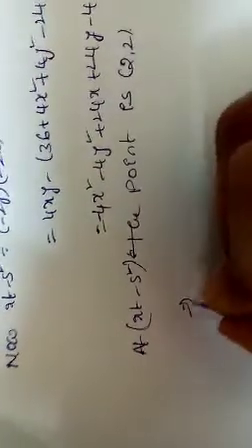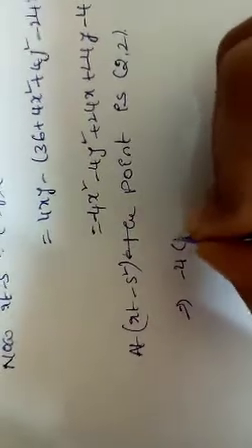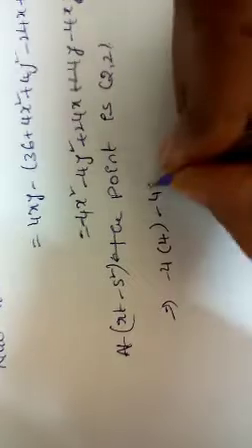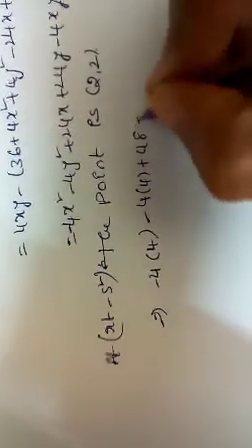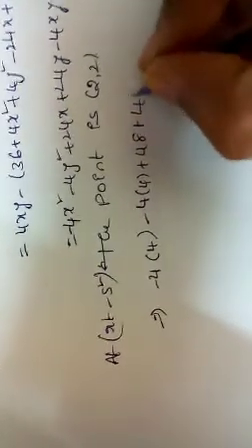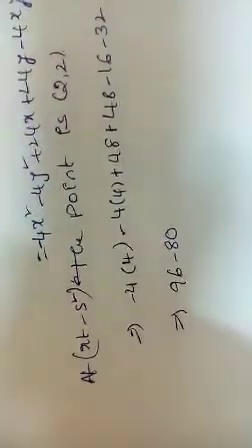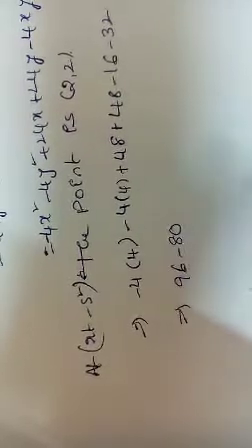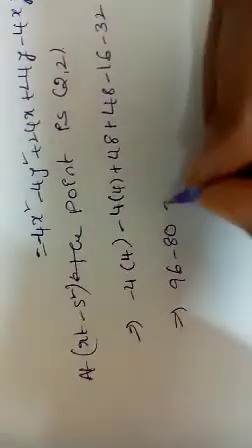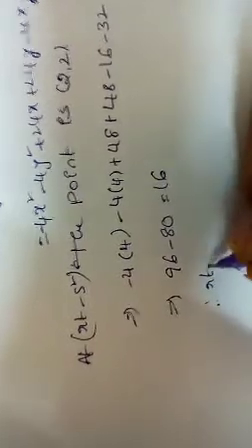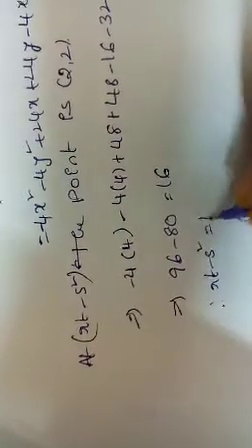Now we have to substitute in the above equation: minus 4 into 4, minus 4 into 4, plus 48 plus 48, minus 16 minus 32. So then 96 minus 80. When we simplify that, the value will become 16. Therefore rt minus s square equal to 16.